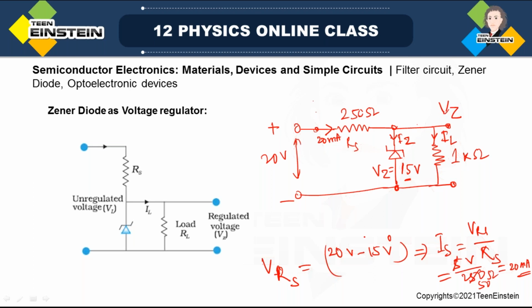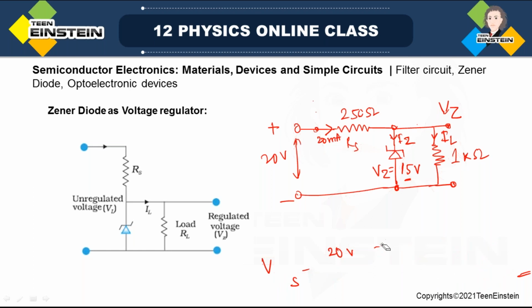So IL. What have we got so far? We have got the current IS through RS, that is this current, as 20 milliampere.